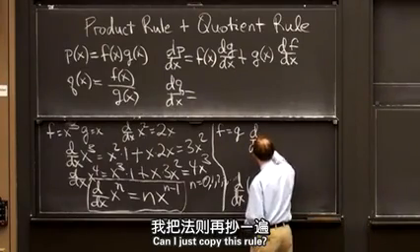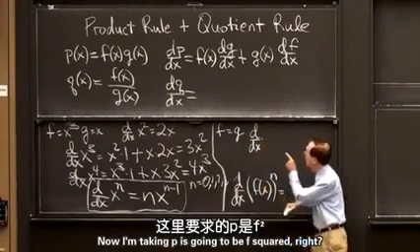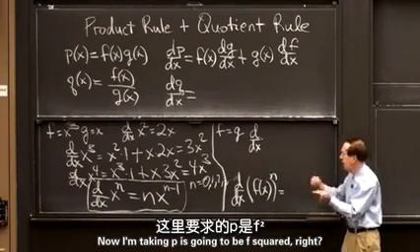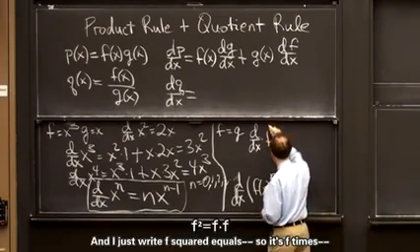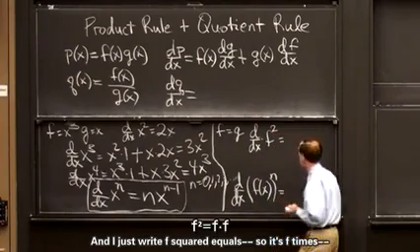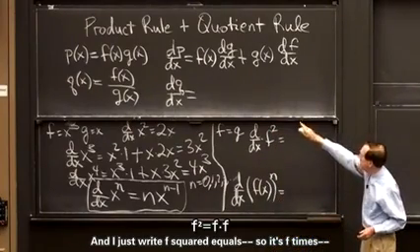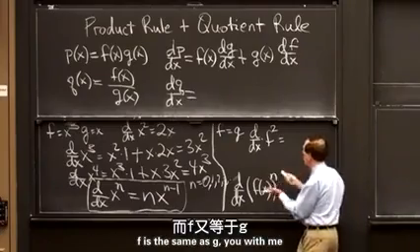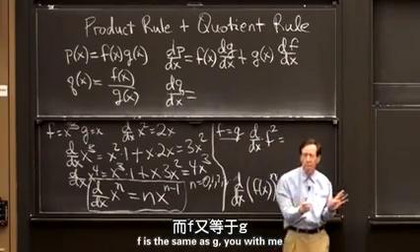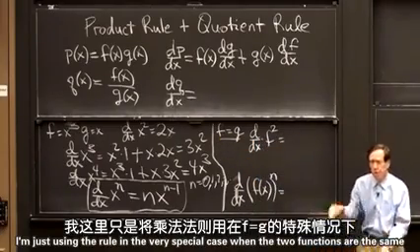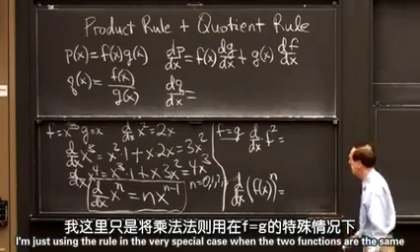My product rule says that the derivative, and I just copy this rule, now p is going to be f squared, right? So f squared equals f times g, and f is the same as g. Are you with me? I'm just using the rule in the very special case when the two functions are the same.